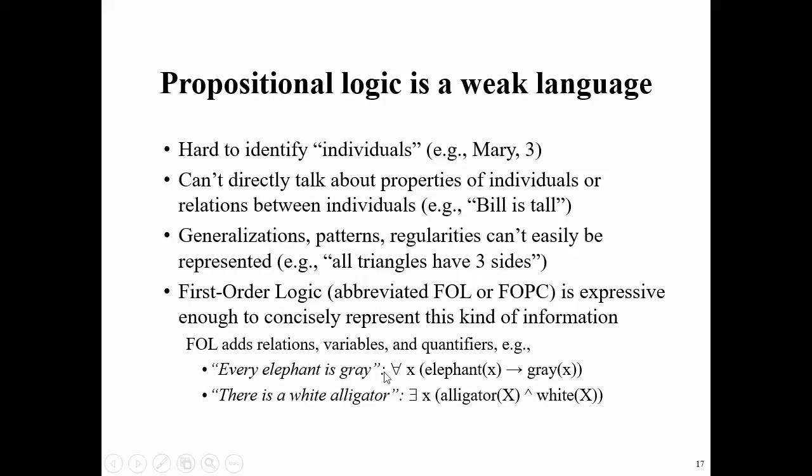Here, the symbol used for representing all, everything, is the reversed A, and the symbol for representing something is the reversed E. These two we call quantifiers. The symbol for all is called the universal quantifier. The symbol for there exists, or something, is called the existential quantifier.